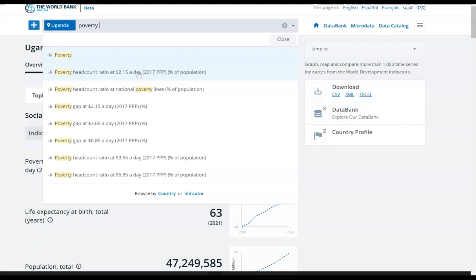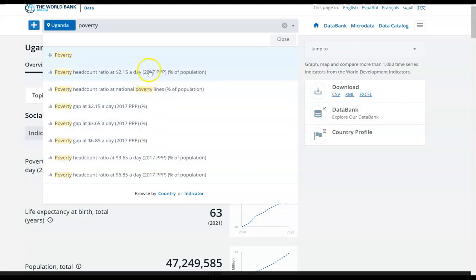But in 2017 dollars, that's equivalent to $2.15. Sometimes they're still called the dollar a day poverty line, but that's referring to a period in the past, what $1 was worth at that time. So the 3 you want to use is the headcount ratio for the 2.15, 3.65, and 6.85. And the headcount ratio, not the gap.